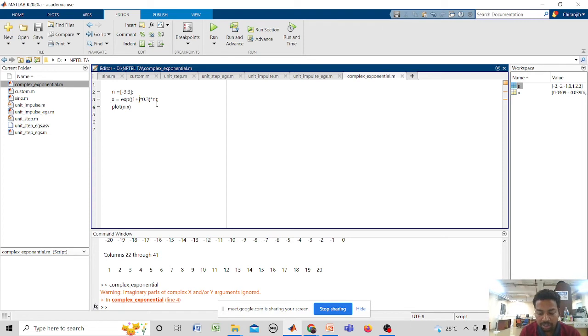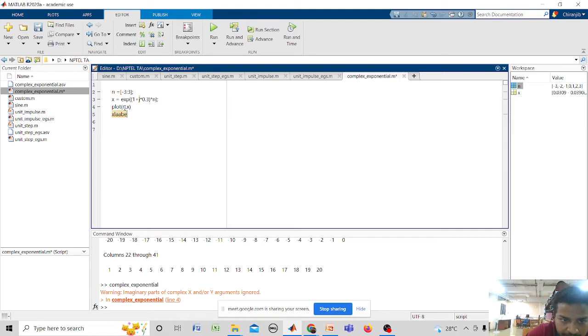So if you want to further improve the visualization, we can use xlabel and ylabel. If we want to plot multiple functions, for example if we have a different exponential function, we can use functions like subplot and plot them all together. So for example, I want to do an xlabel. What is xlabel? It's time.